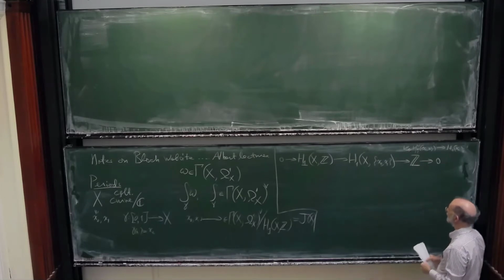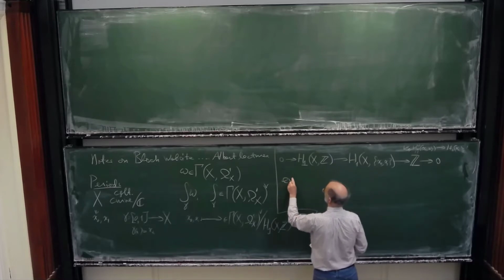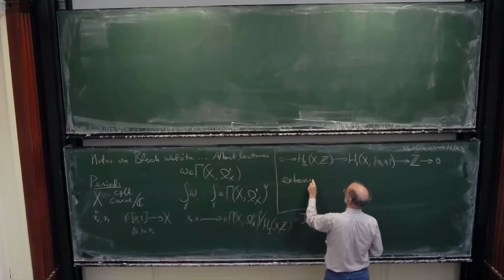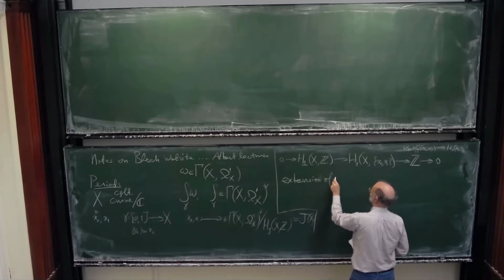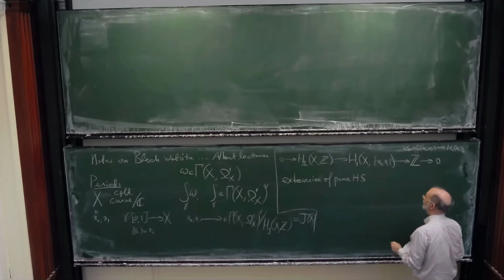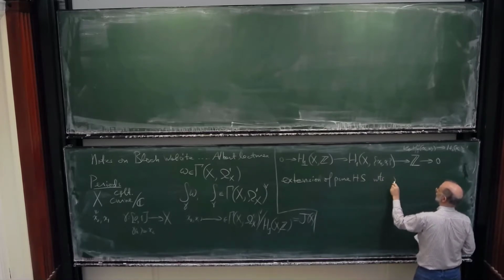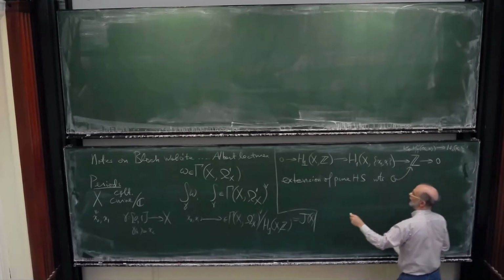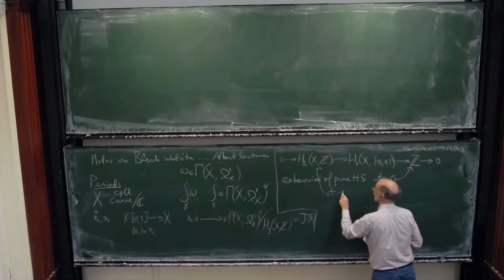And you notice that this is an extension of pure Hodge structures with weights 0, which is this one, and here weight -1.